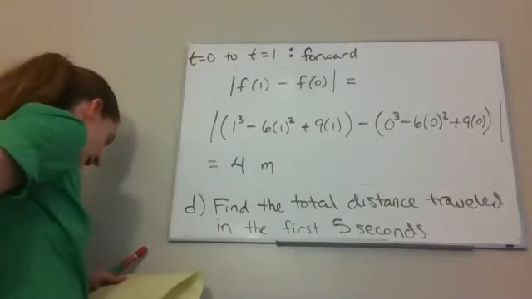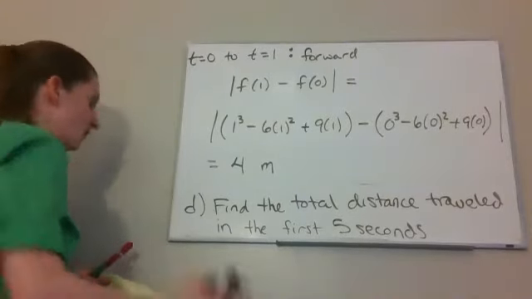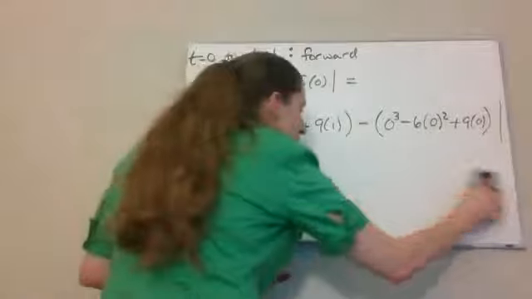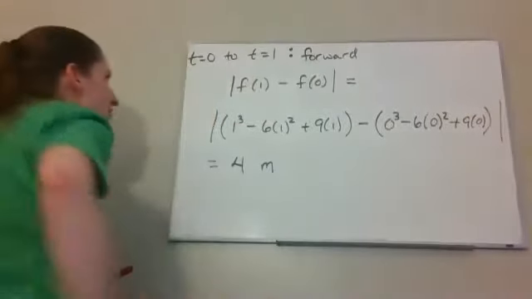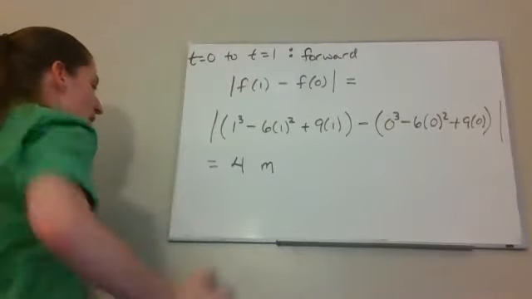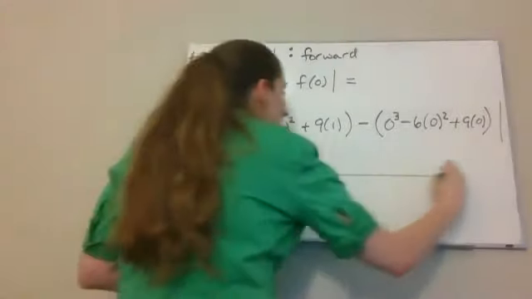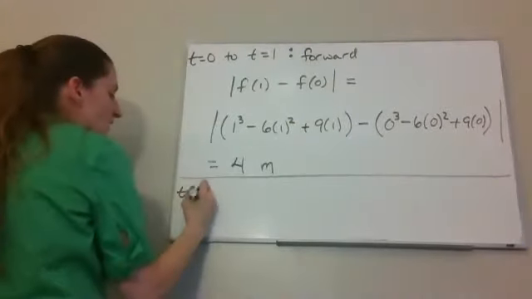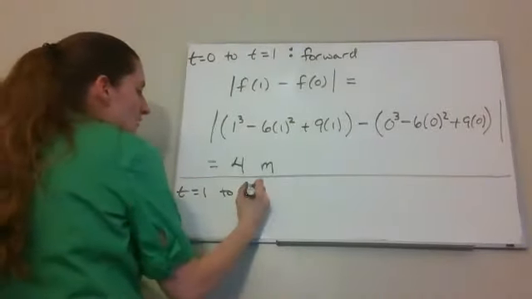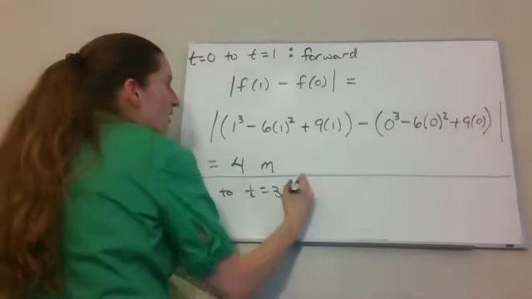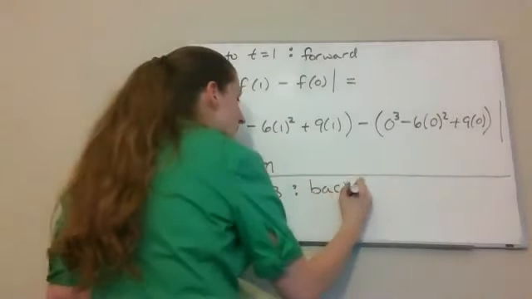I'm going to do the same thing for the next time interval, in between time 1 and time 3. So t equals 1 to t equals 3, we're moving backwards.